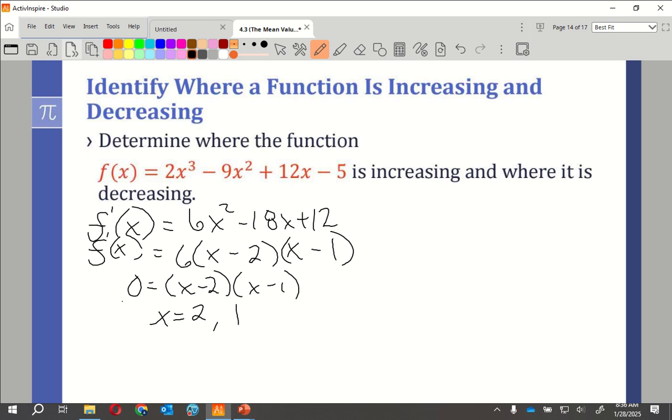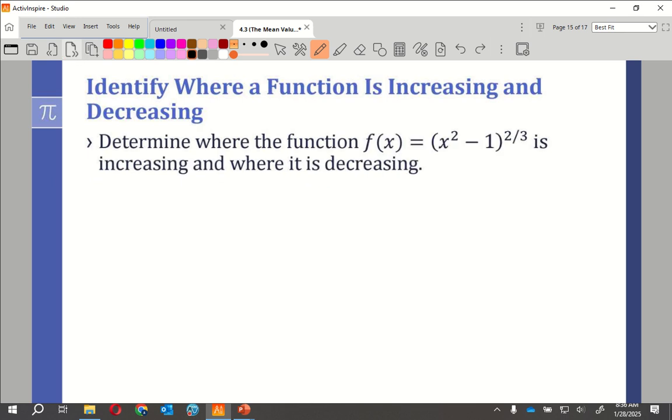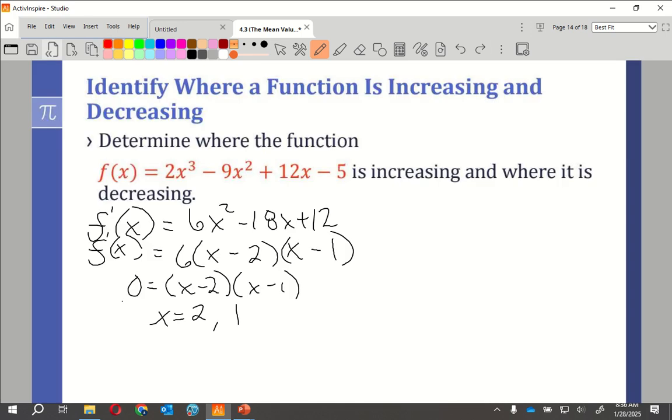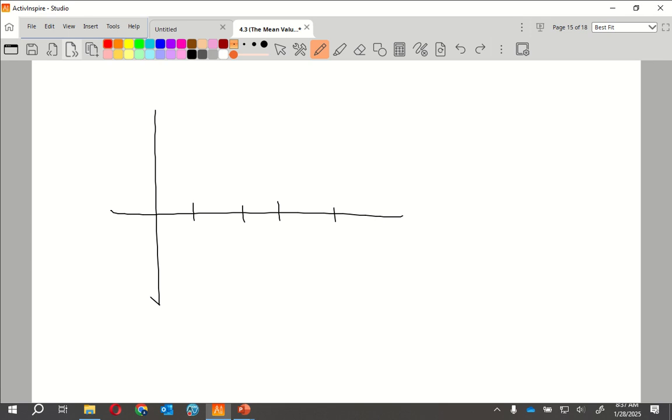So on a graph, I'm going to start with those points there. Those are points at which it's going to be equal to 0, at positive 1 and positive 2.